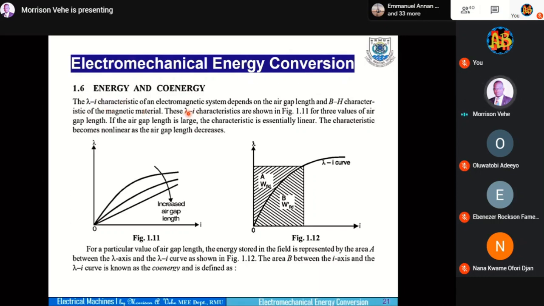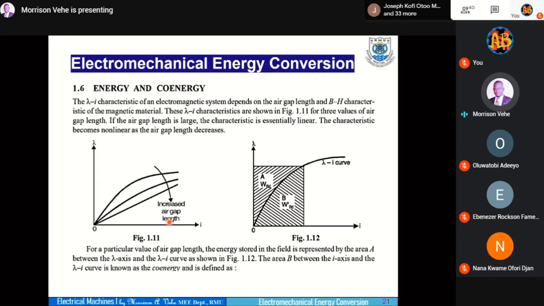We say that the lambda-I characteristics are shown in figure 1.11 for three values of air gap, so that you can see air gap 1, air gap 2, air gap 3. Increasingly towards the large, the characteristic is essentially linear.